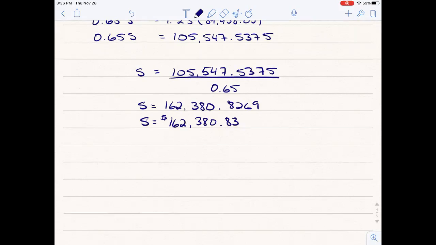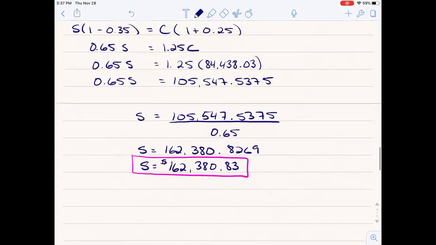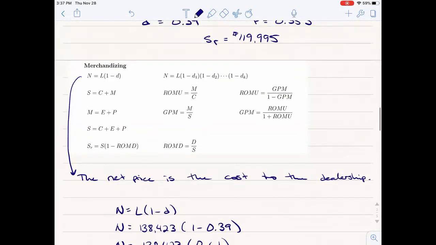All right. So now, that was the second thing we were asked to solve for. Last thing we have to solve for is the rate of the markdown, which we already kind of spotted here on the formula sheet, right?